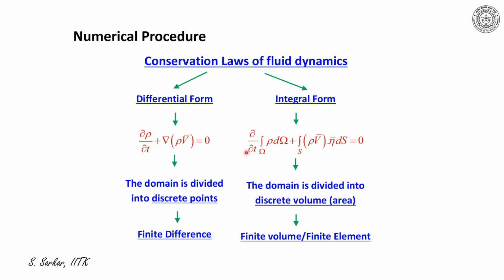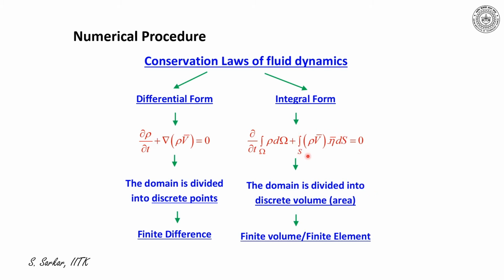And in the integral form, it will be del t volume integral of rho into d omega plus surface integral of rho v dot eta into ds is equal to 0.